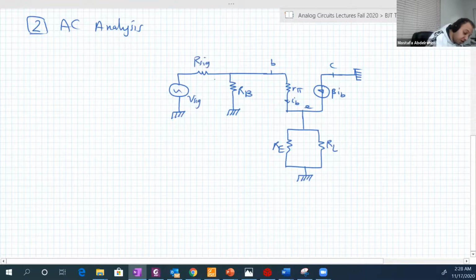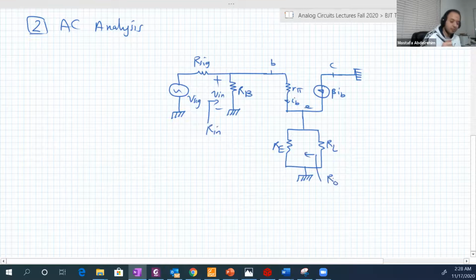And before we continue, here is V input and R input, and in the future R output. Okay, so let's start first by R input.